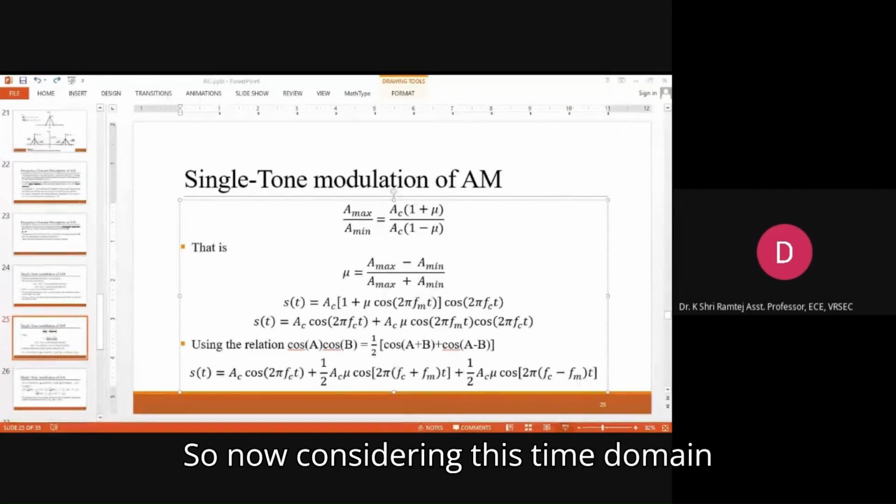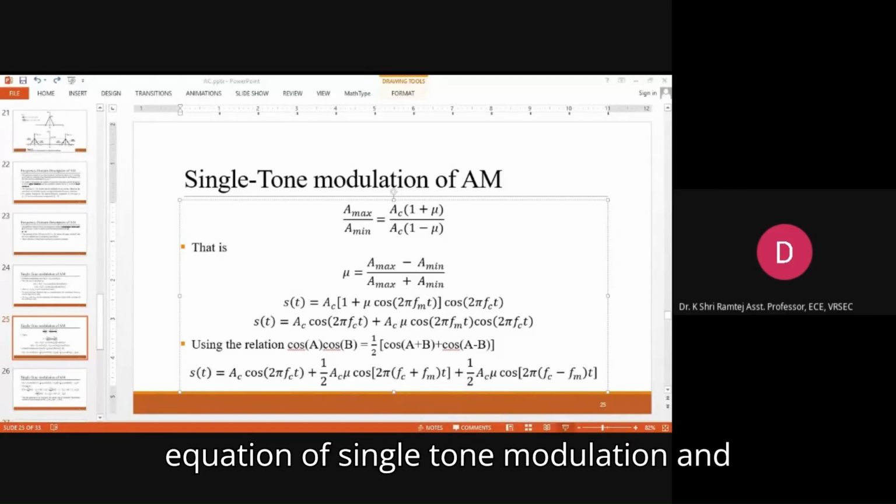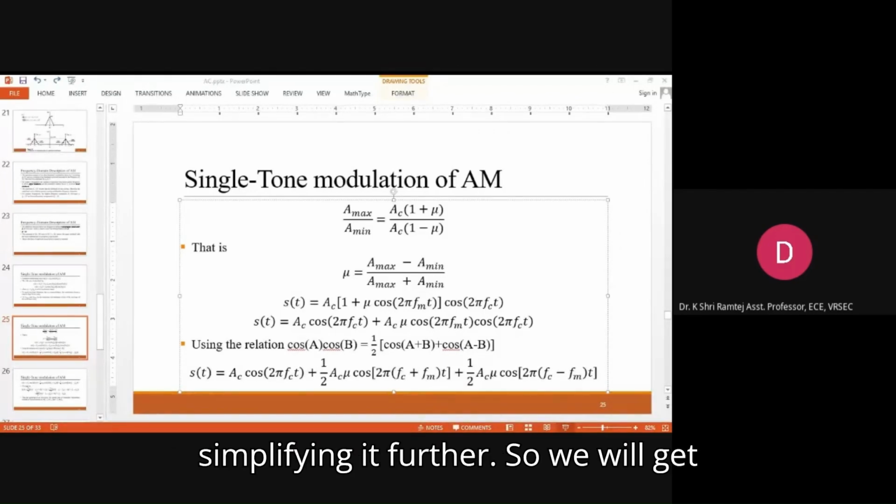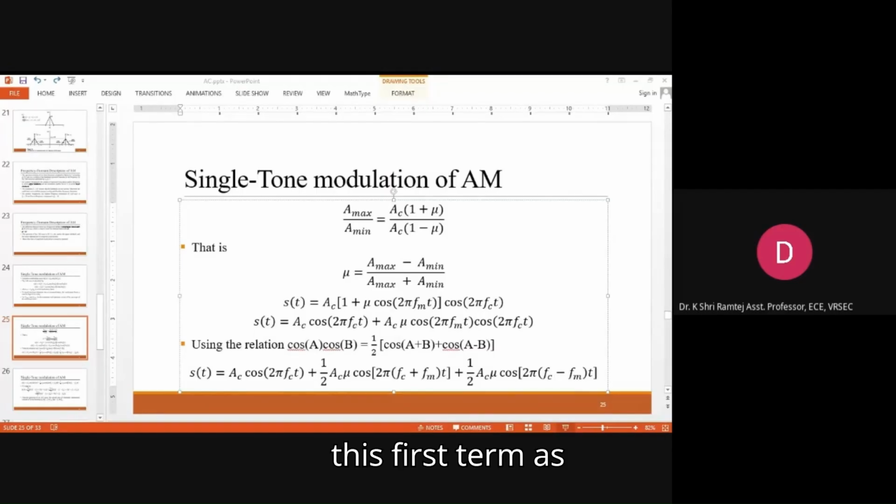Now considering this time domain equation of single tone modulation and simplifying it further, we will get the first term as Ac cos 2 pi fc t, and the second term will be Ac mu cos 2 pi fm t into cos 2 pi fc t.